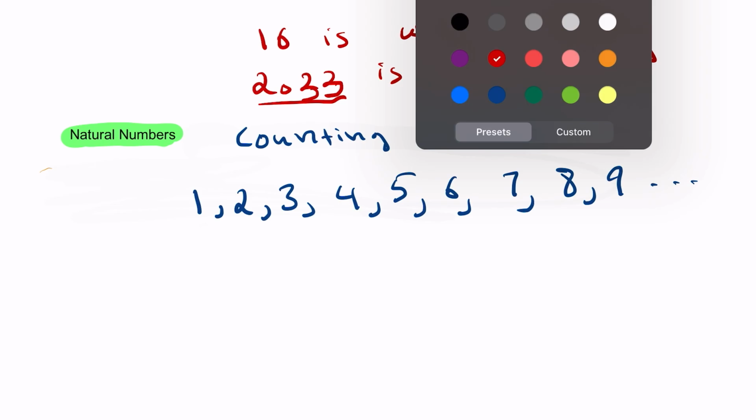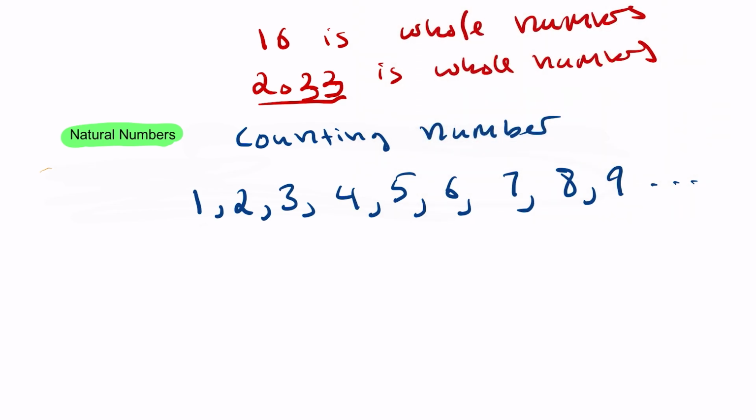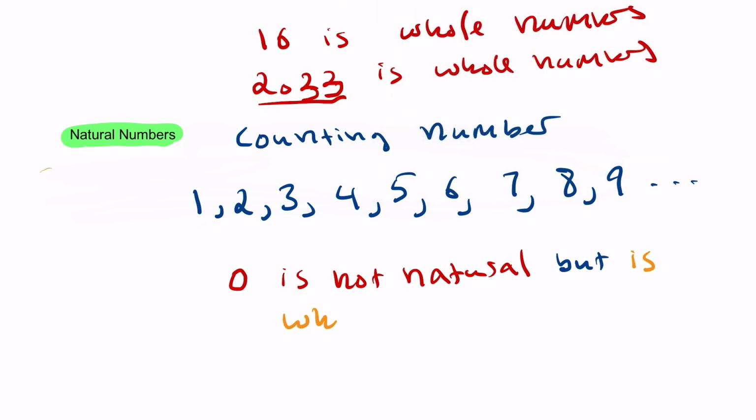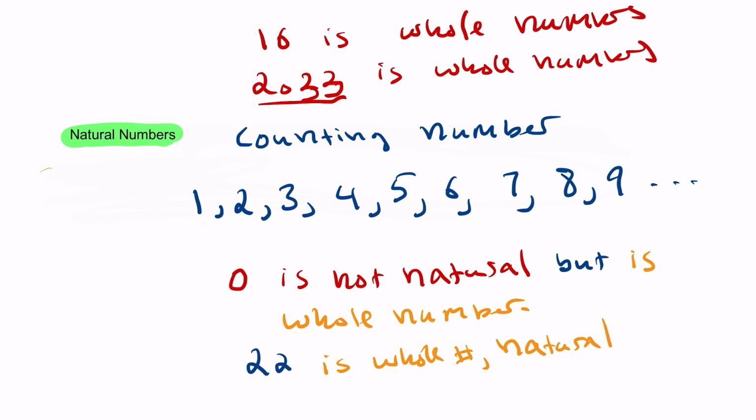We're going to combine whole numbers and natural numbers. 0 is not a natural number, but it is a whole number. 22 is a whole number and a natural number, which is the same thing written in word form.